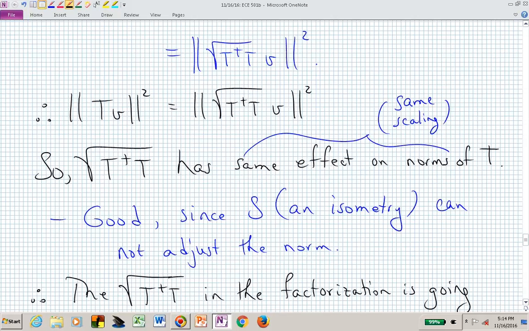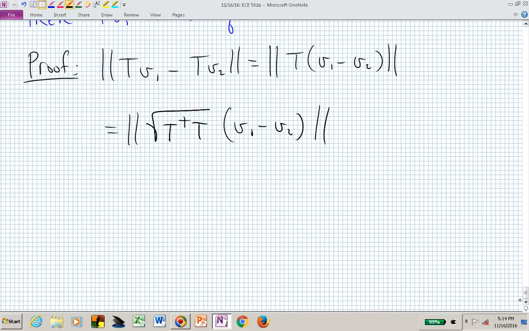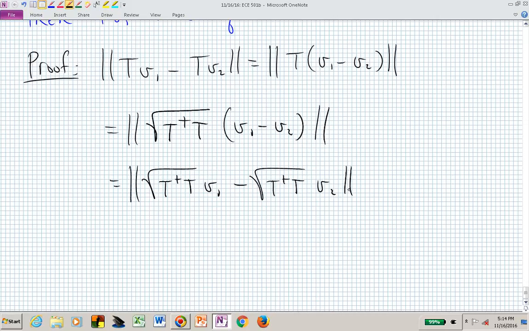But we know this is true for any vector, so we can say that this is equal to the norm of the positive square root of t dagger t applied to v1 minus v2. And now we can distribute that positive square root of t dagger t between v1 and v2: the positive square root of t dagger t v1 minus the positive square root of t dagger t applied to v sub 2.